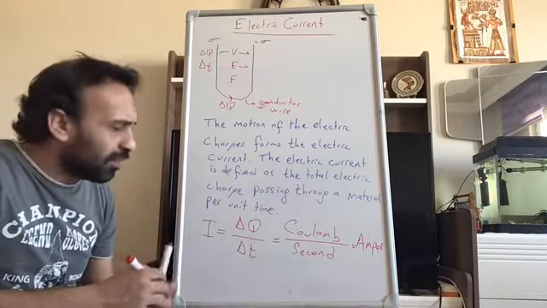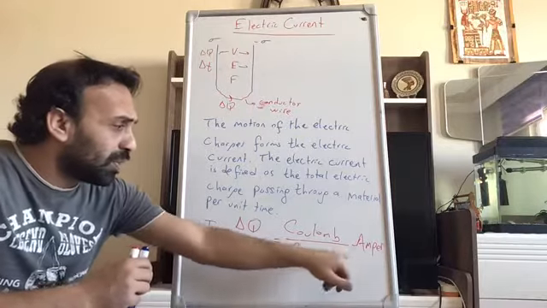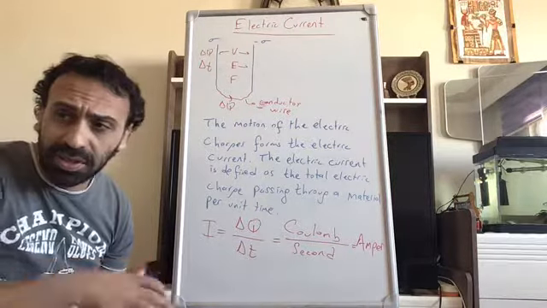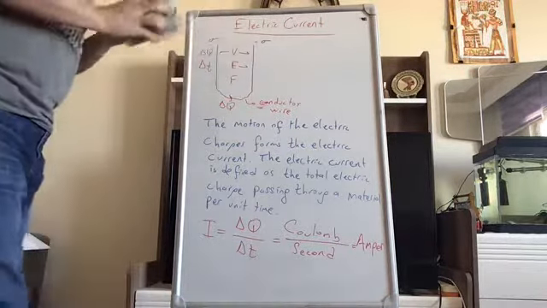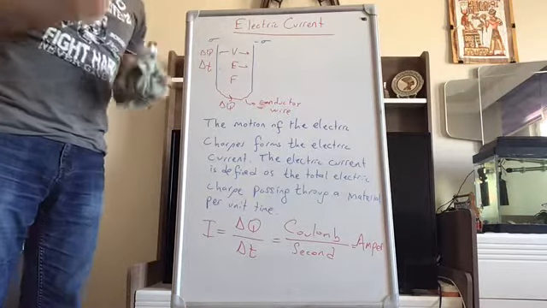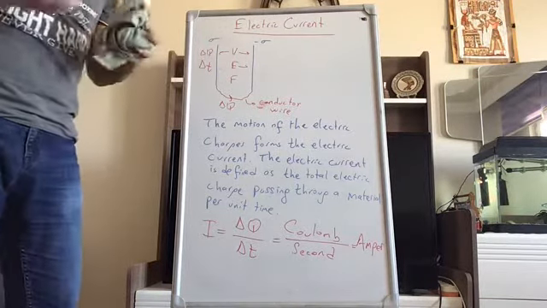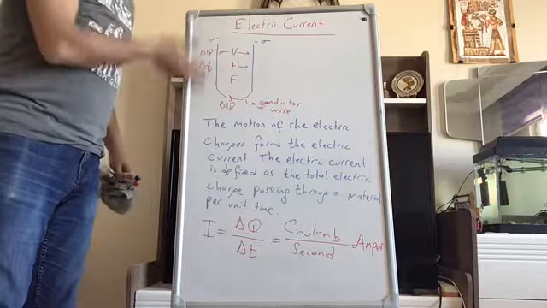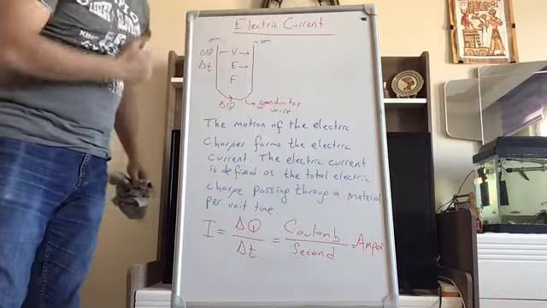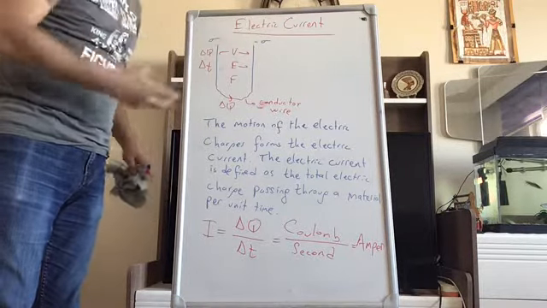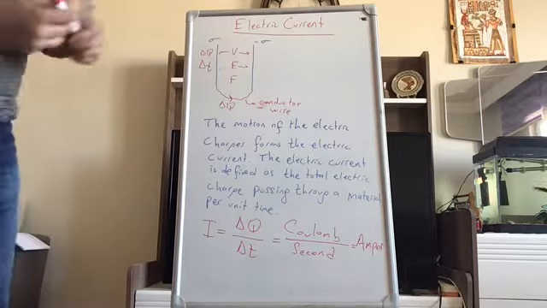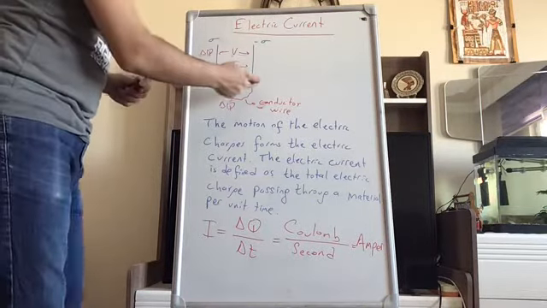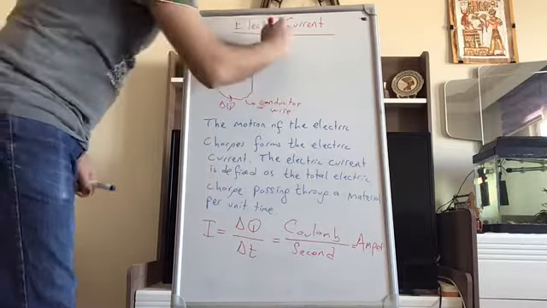Okay, afterward we are going to use ampere as the unit of the electric current. But remember, the electrons and protons are actually not too heavy. So when the electrons are moving from one plate to another, they move quite fast. So actually the delta T is quite short from here to here.